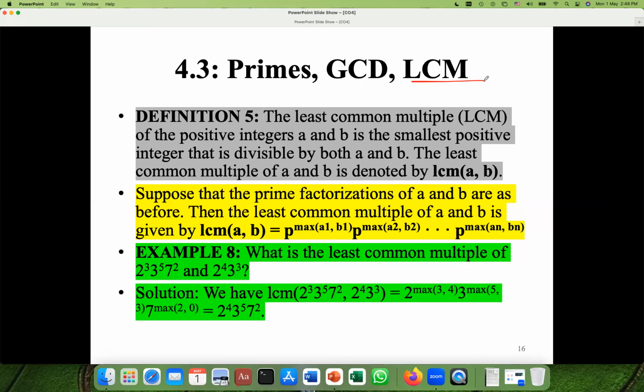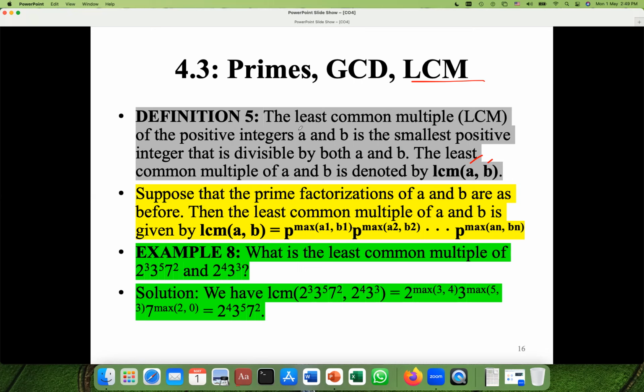Least means the smallest one, not the greatest one. And common means here we are again given two numbers, and we have to see something common between them. That would be the smallest. Least common multiple.